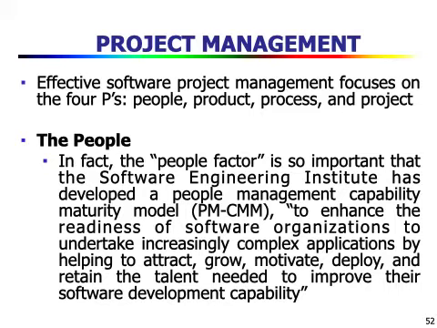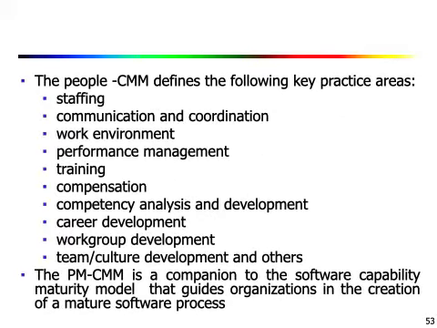And this People CMM has the following key practice areas: staffing, communication and coordination, work environment, performance management, training, compensation, competency analysis and development, career development, work group development, team or culture development, and others.